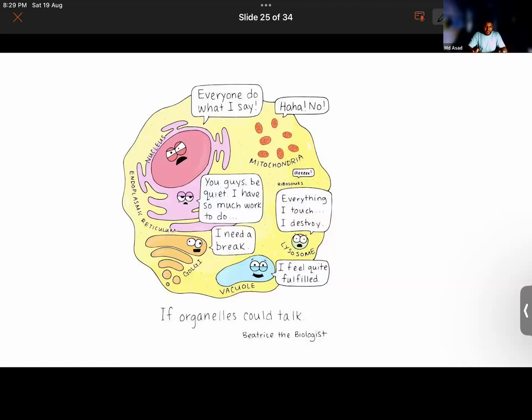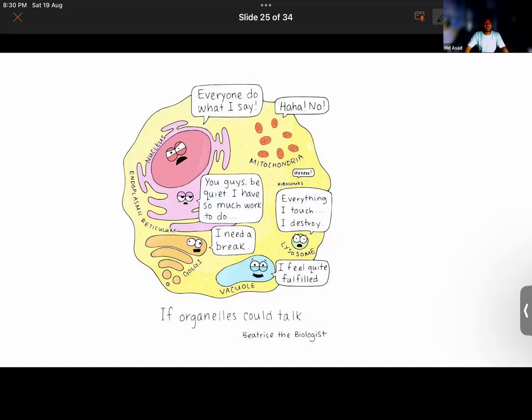Now there are other organelles here. For example, the endoplasmic reticulum says: you guys be quiet, I have so much work to do right now. There are two types of endoplasmic reticulum, smooth and rough.